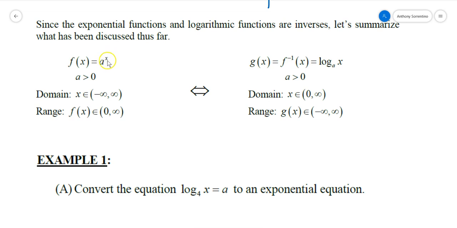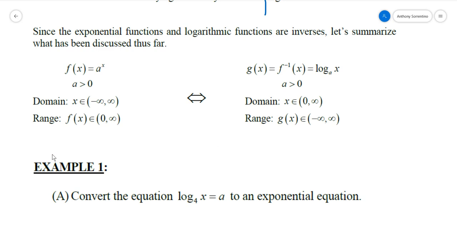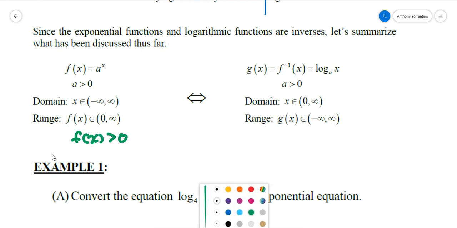The range, on the other hand, since I'm taking a number that's positive and raising to a power, has to be more than 0, and that's basically what this is saying. I could say that f of x is greater than 0.